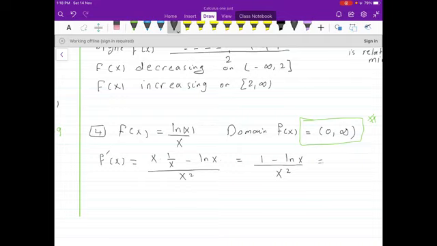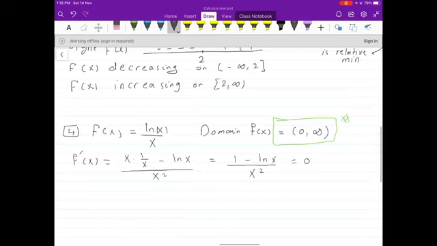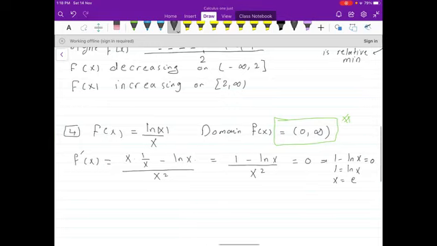Now, when f prime equals 0, any fraction equals zero if 1 minus ln x equals 0, that means 1 equals ln x, so this is equivalent to x equals e.